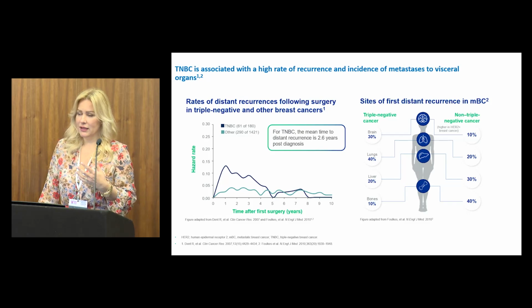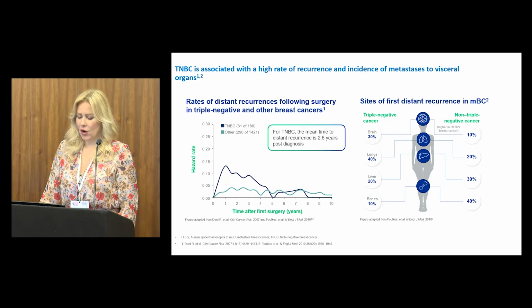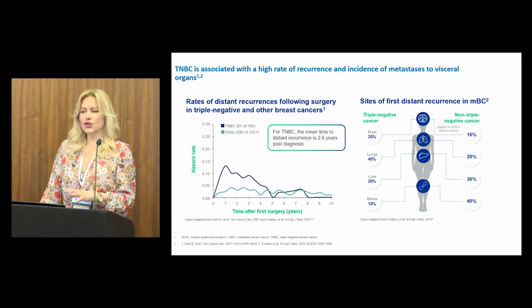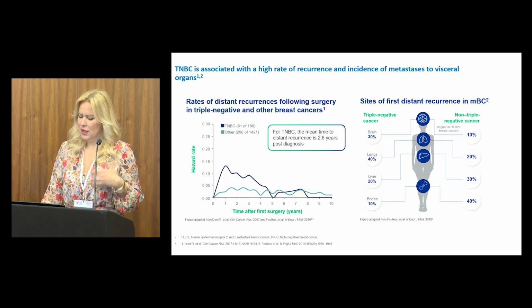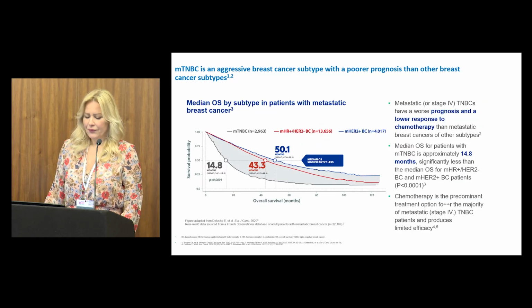They are also higher in HER2-positive breast cancers, but lower with the hormone-sensitive cancers. The bones are the site where we see fewer recurrences in triple-negative compared to the hormone-sensitive cancers, where the bones are usually the first and predominant site of metastasis, followed by the liver, then the lungs and the brain.